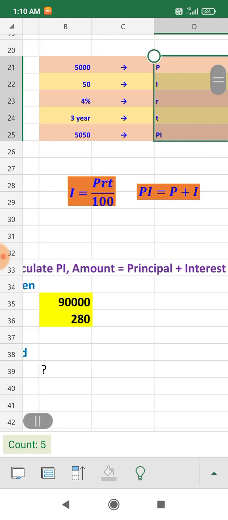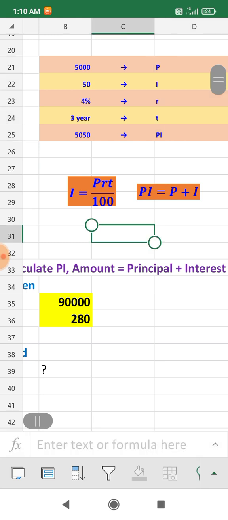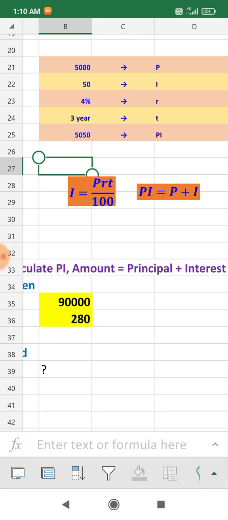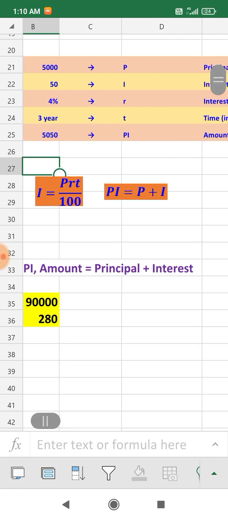But in this formula, if we see this first formula, the variables are I, P, R, T. So four variables, and PI will be calculated separately.